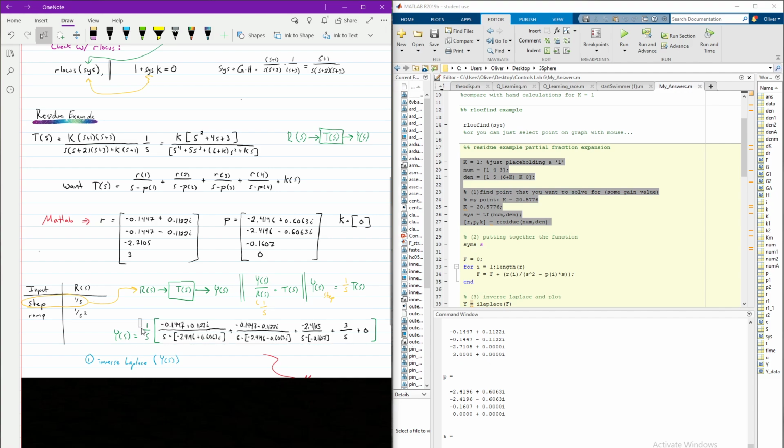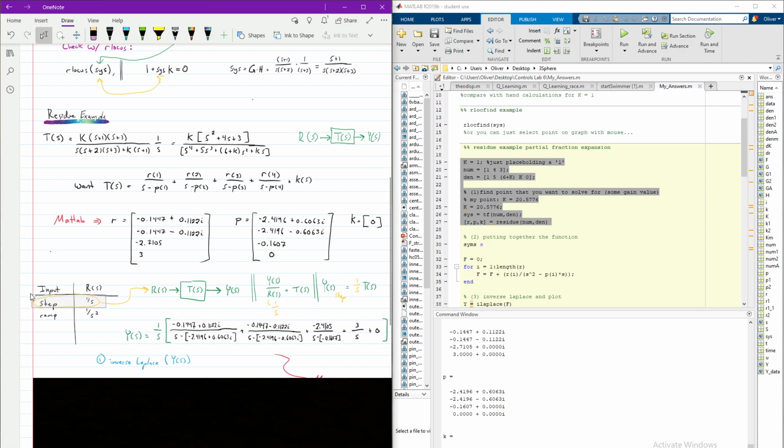But say we apply a constant torque to the system, otherwise known as a step function, we're going to get something a little bit more interesting, right? So the frequency domain equivalent of a step is 1 over s. Remember how we have this form, R of s goes into our closed loop transfer function, and what comes out of that is our response, right?